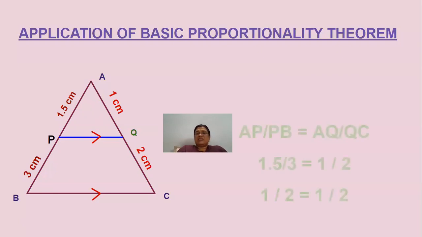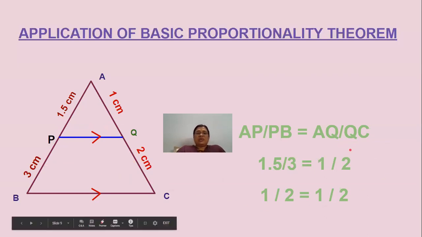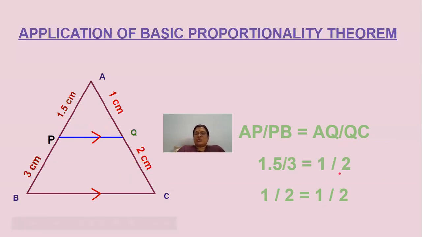Let us see whether they are similar or not by using the basic proportionality theorem. It is already given that PQ is parallel to BC, so you can say that line will divide the other two sides in the equal ratio. Therefore, AP by PB is equal to AQ by QC. Here we'll substitute the values: 1.5 by 3, and AQ is 1, QC is 2.